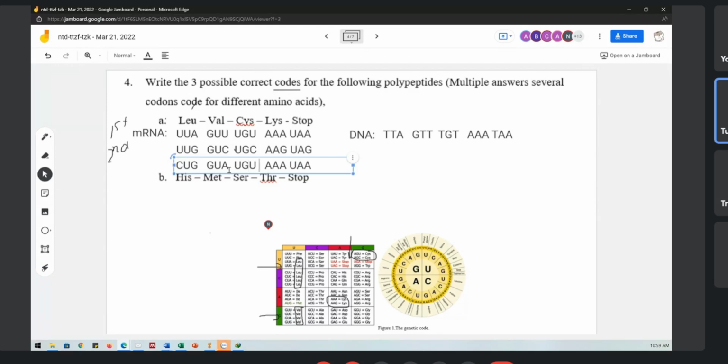Cysteine, we don't have many choices, only two, so keep it like that. And here you can use A or AG, and finally with the stop codon, you can use A here. Okay, so that is for the third.